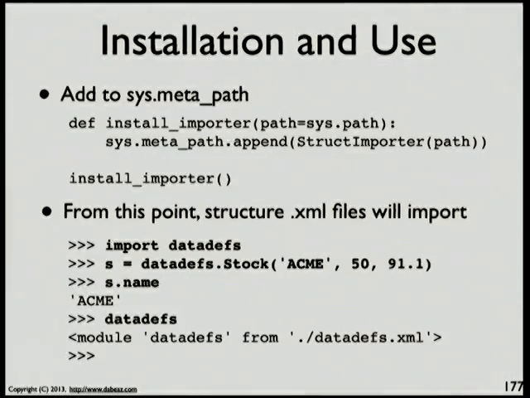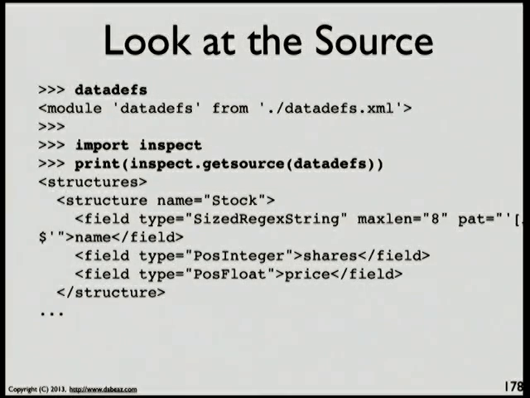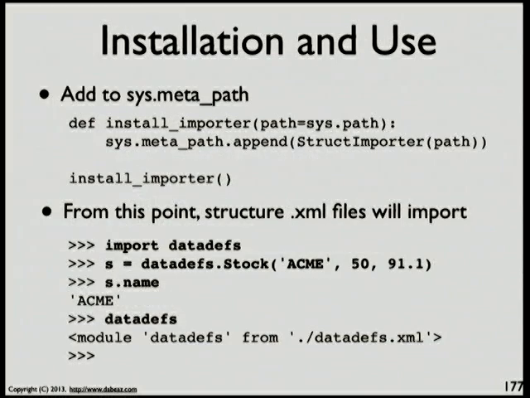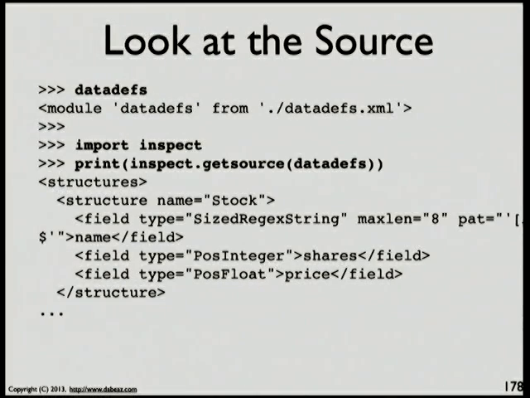So what we've got here is basically importing modules from XML with regex in there, and metaclasses and all sorts of other stuff. I don't know whether, if you do the get source on this stuff, it actually might show you the XML.